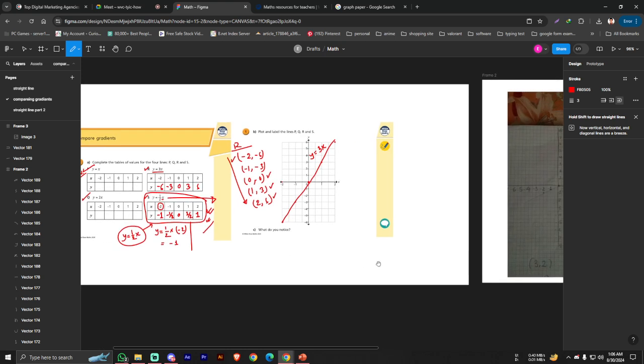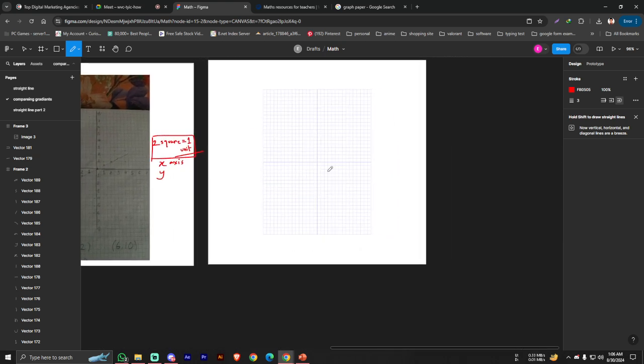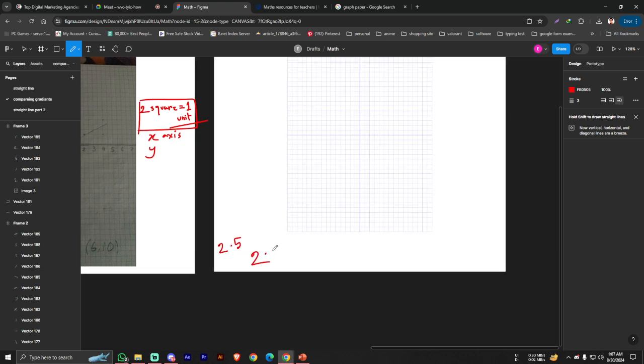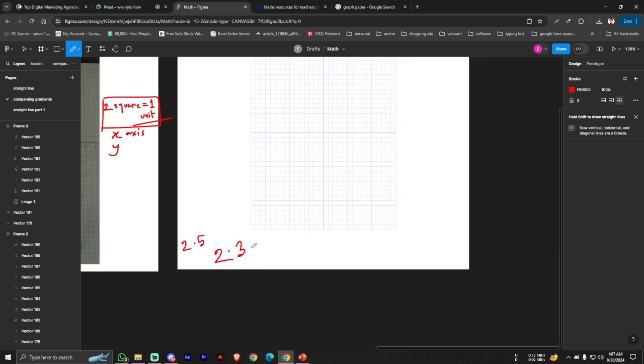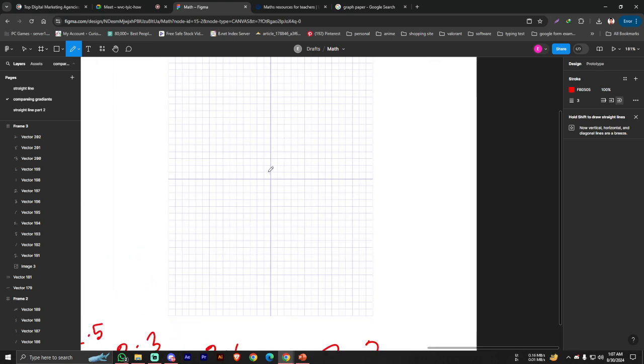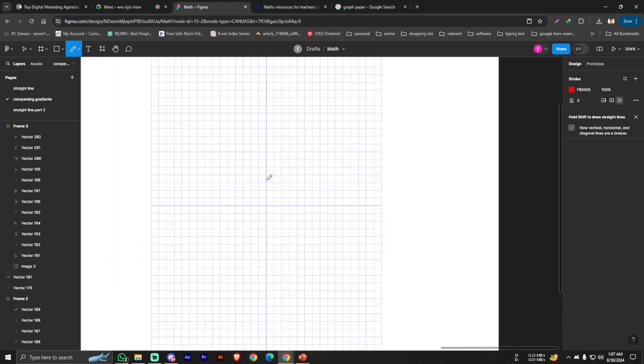If the table's values have more fractions, suppose there are values like 2.5, 2.3, maybe 2.6, maybe 3.2, then depending on the situation, we can take even 5 squares as one unit.